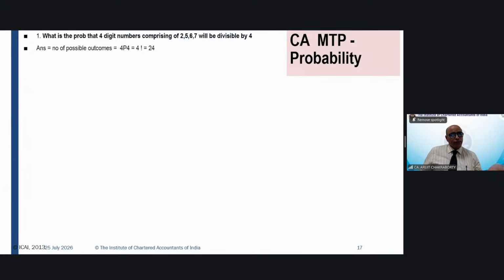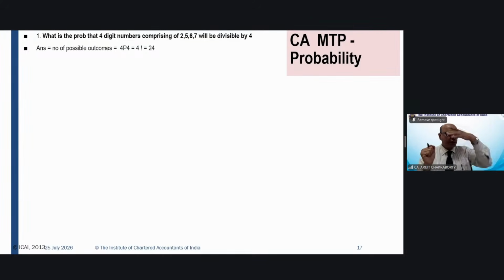All of you will remember the rule of divisibility by 4. What does the rule say? Say a number with 4 digits. If the last 2 digits are divisible by 4, then the entire number will be divisible by 4.